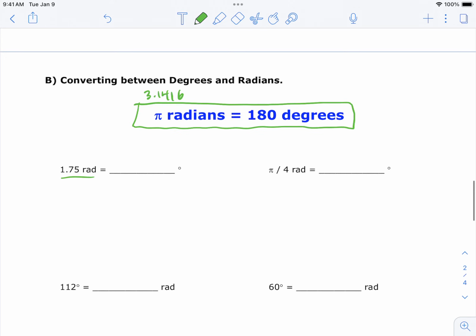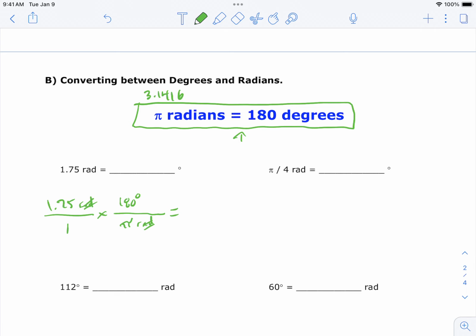So let's just make sure we can convert. That says 1.75 radians. Remember how we convert? You put the 1.75 radians on top. You get ready to multiply. Now this is telling us that pi radians is the same as 180 degrees. So the radian units are going to cancel, and you're going to have degrees. Now there should be a pi button on your calculator somewhere.